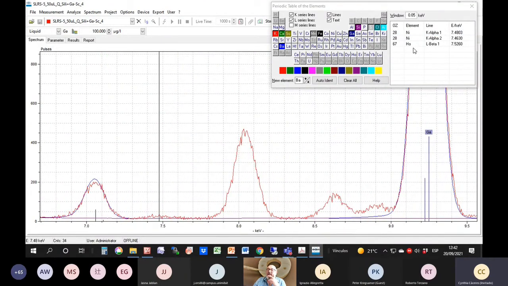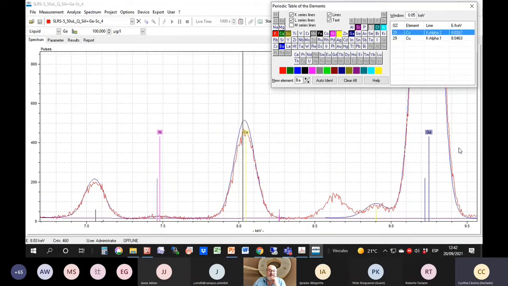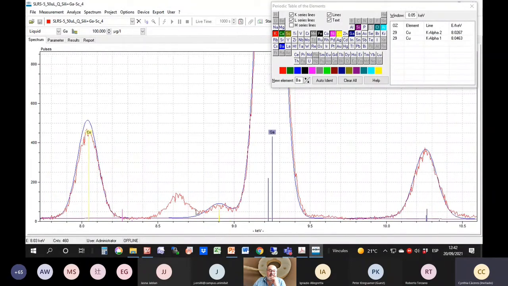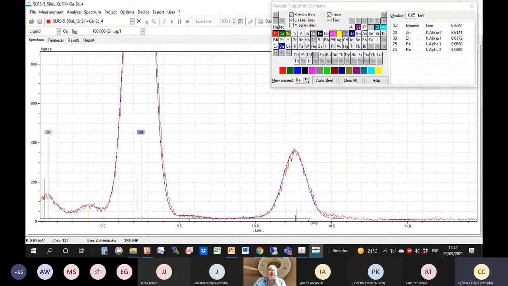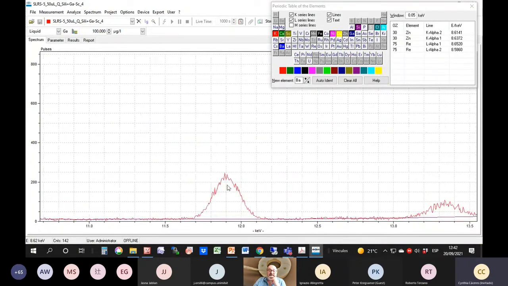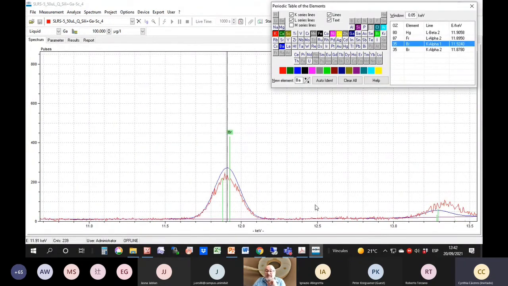Nickel is not good, but yes, perfect. Nickel, copper. And this is zinc, very good. Now it's good for the convolution. This is gallium, K alpha, K beta, very good. And this is bromide.